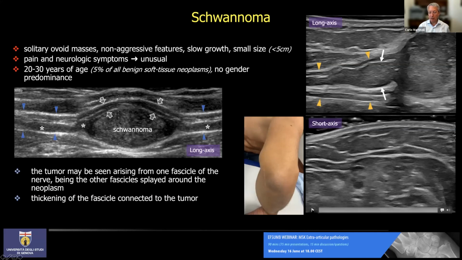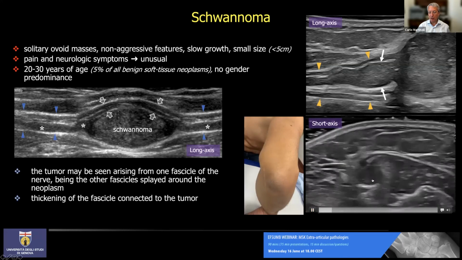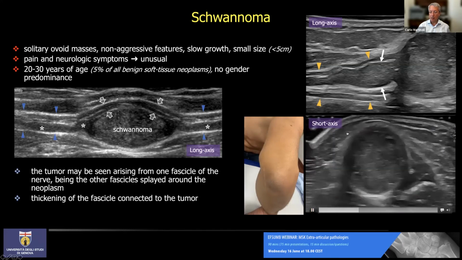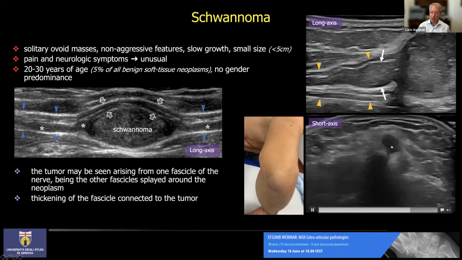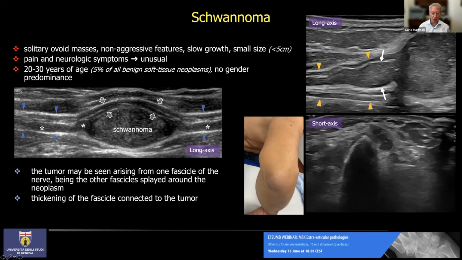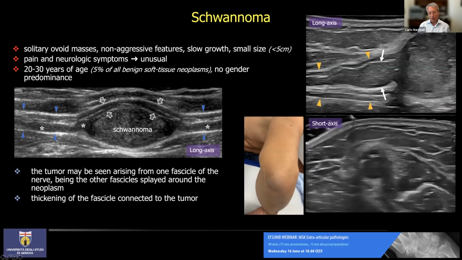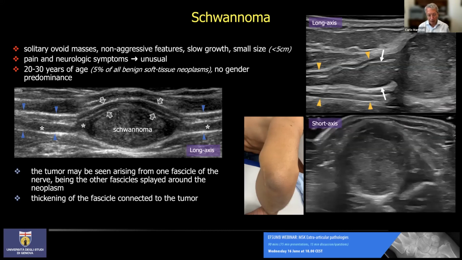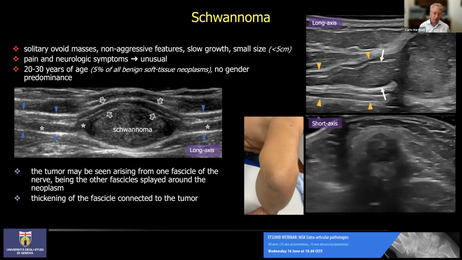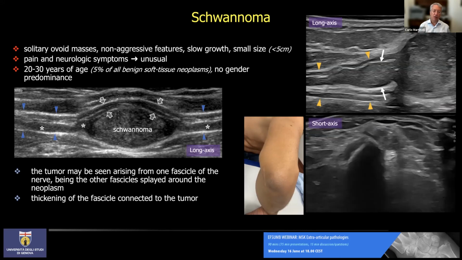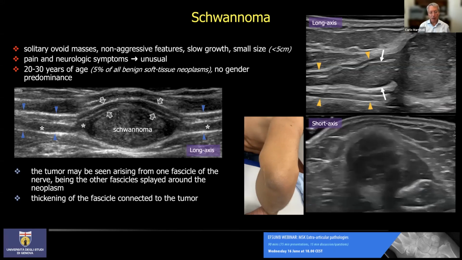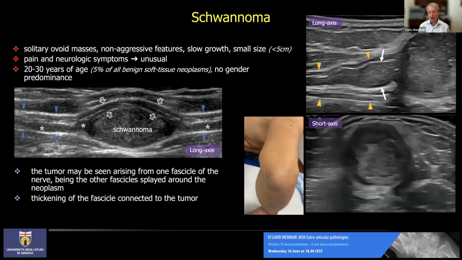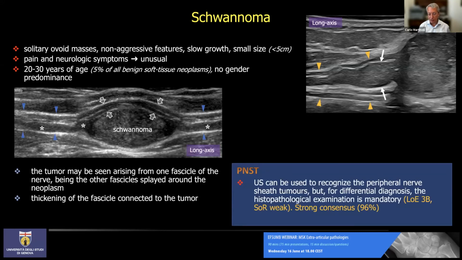So this is another example of a Schwannoma. You see a video clip here in which you see the nerve proximally, then the big mass arising from one of its fascicles, and finally the nerve in a distal location. So the finding of value is the demonstration of the continuity of the mass with the nerve of origin. If not, the mass is just a hypoechoic mass of the soft tissues, and so the diagnosis is nonspecific.